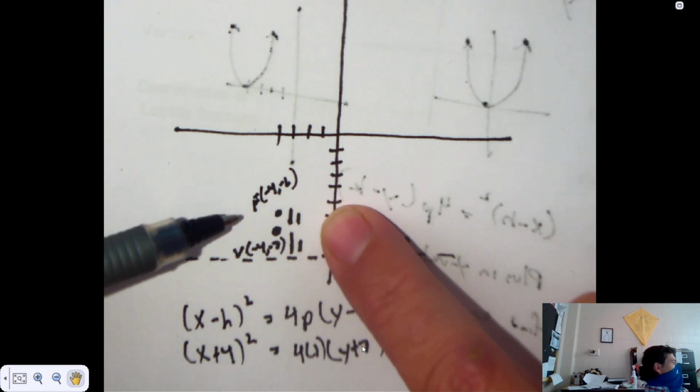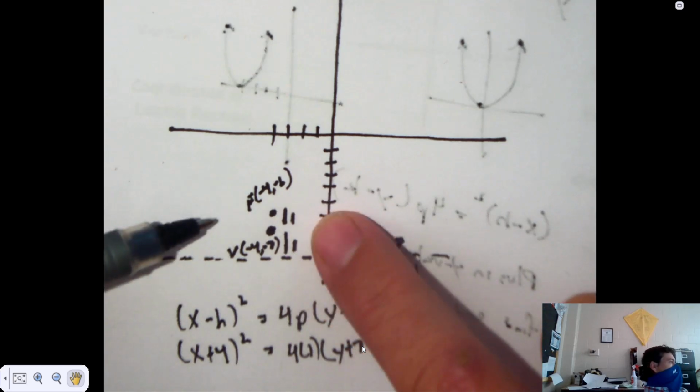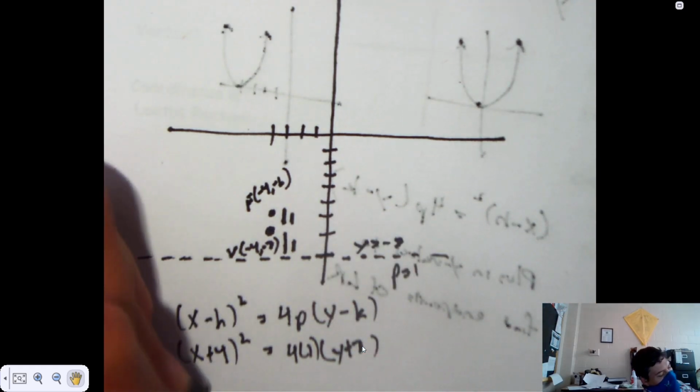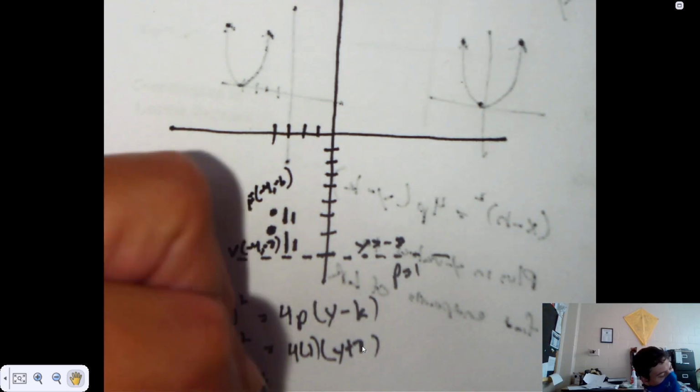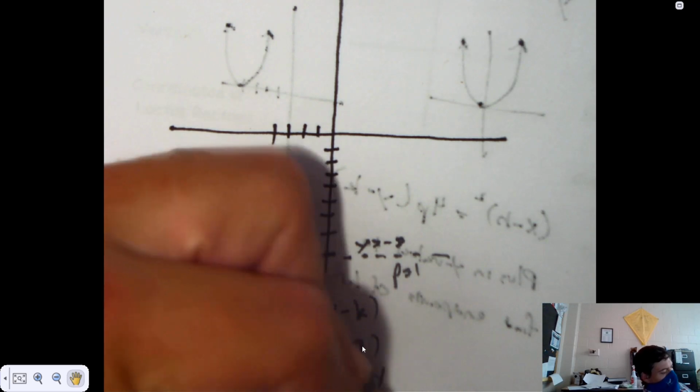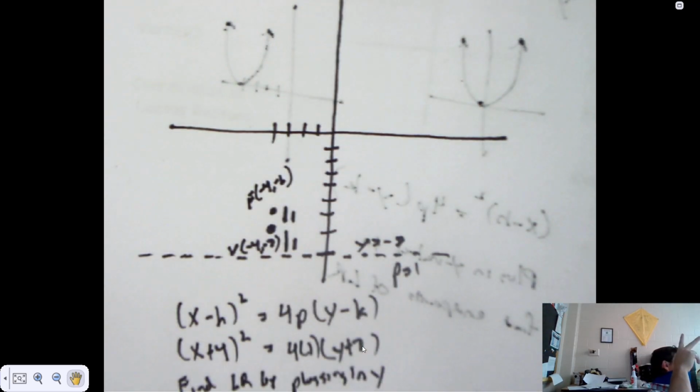That's going to stay the same, so that's why you plug in your y values. Because you're going to be on this horizontal line where y is -6. So we're going to find the LR by plugging in y. Not to mention the fact that you need 2 of them. Only plugging in y is going to guarantee you 2 answers.